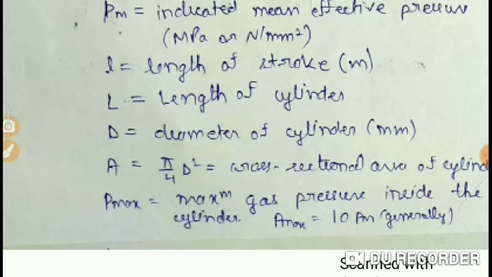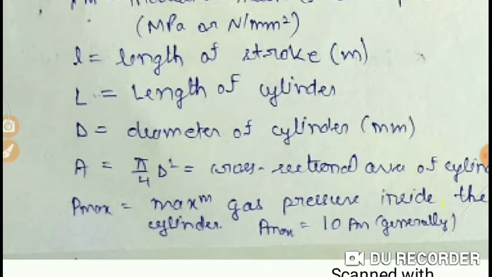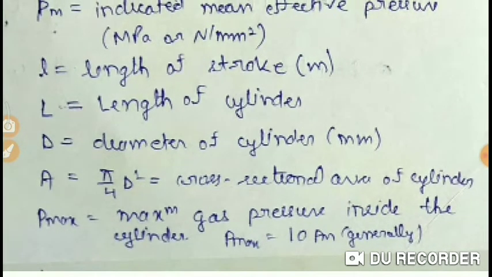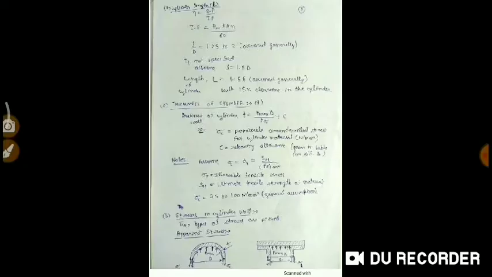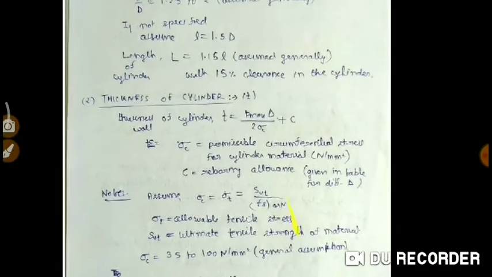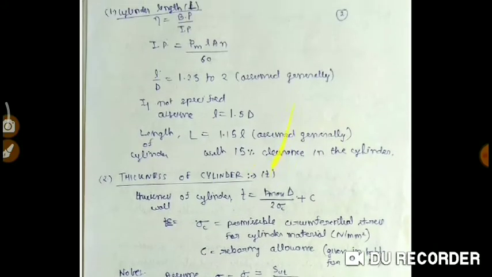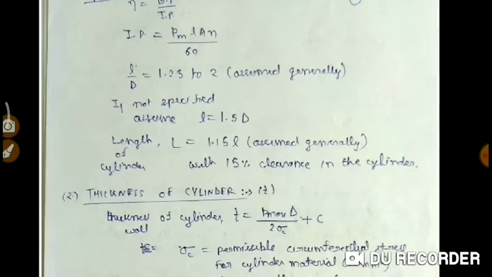Pmax is the maximum gas pressure inside the cylinder. So these are the general notations of the cylinder that we will be using to design the cylinder.